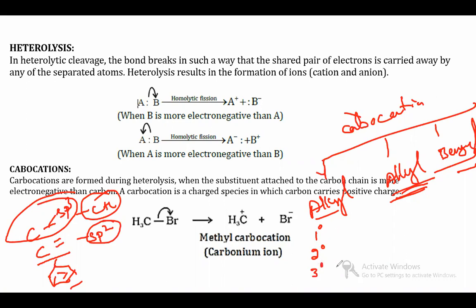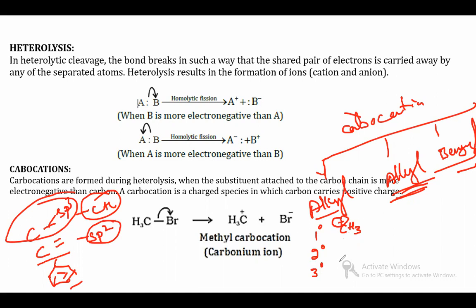The degree is nothing but this: if a carbon has CH3, three hydrogens, attached to one other carbon or nothing, then it is called 1 degree. CH3 or CH3CH2, we also call 1 degree.